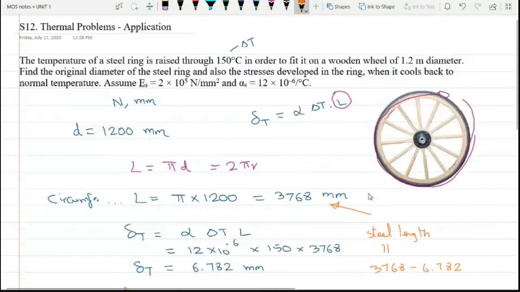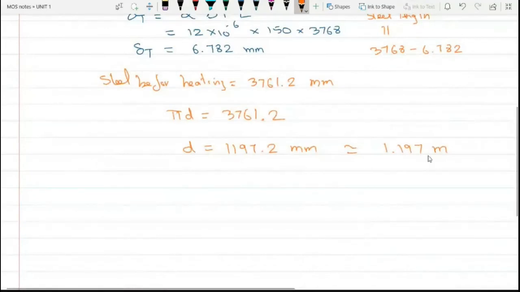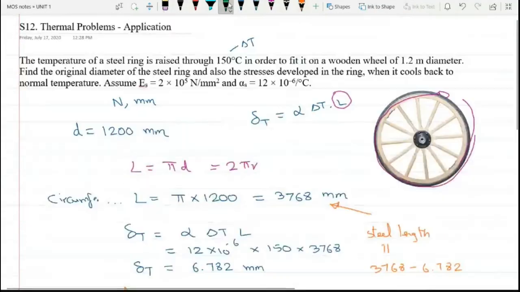So to fit the wheel of 1.2 meter, if I increase to 150 degrees centigrade, my steel diameter should be 1.197 meter. Okay. The next one is they are asking to identify the stress.